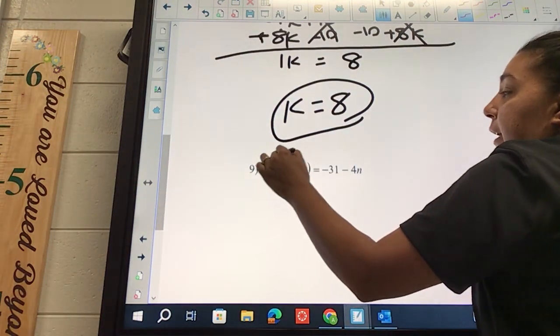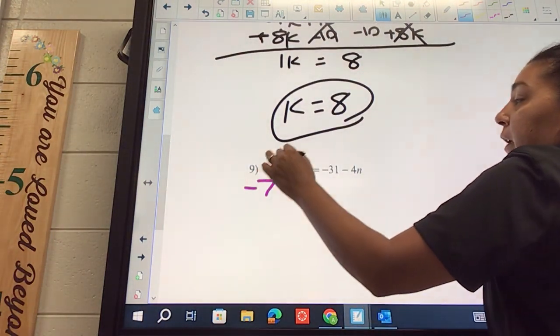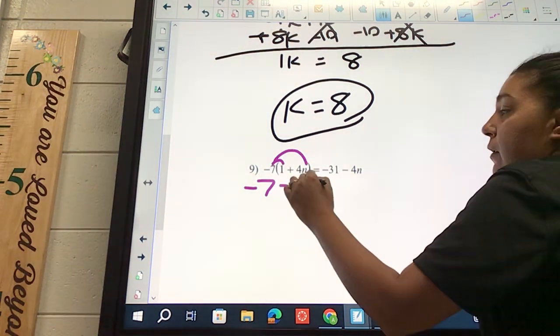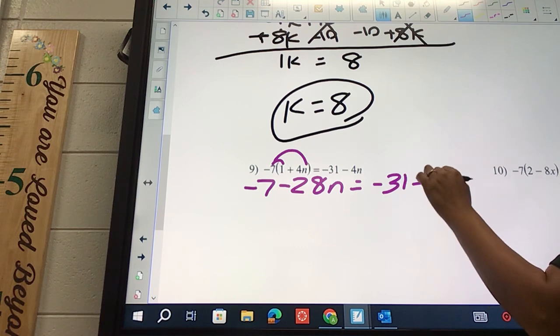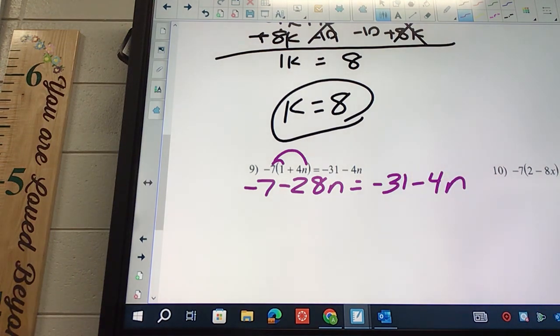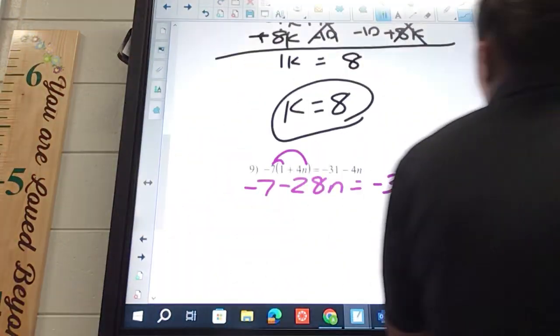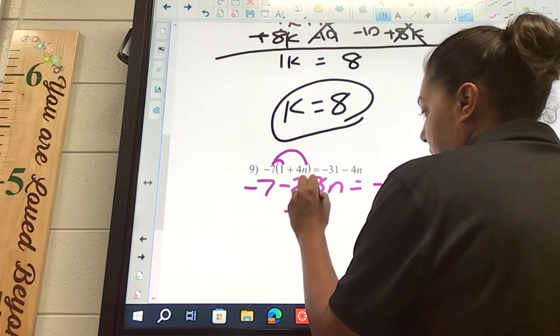Okay, 9, I got negative 7 times 1, and then negative 7 times 4. How many pieces are on the left? 2, the right. 2. So I'm going to say plus 4n. Plus 4n.